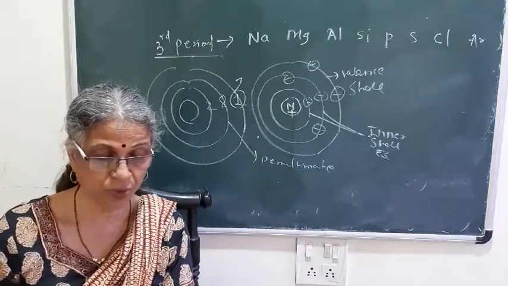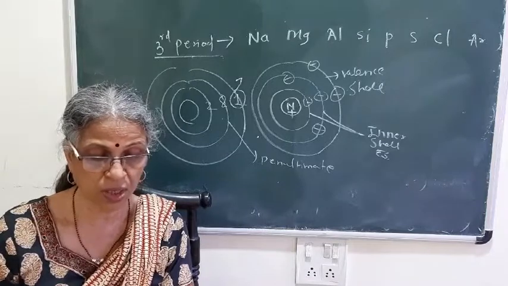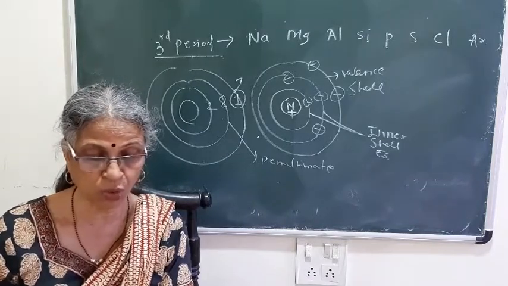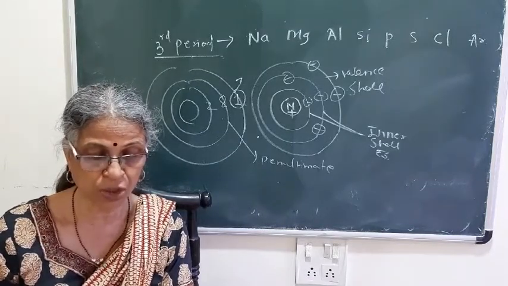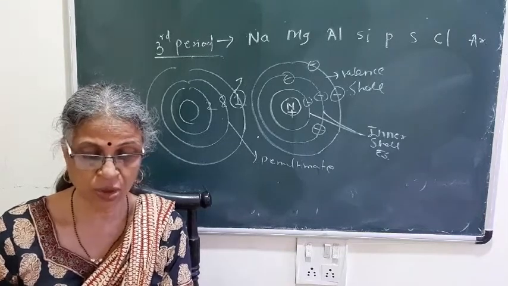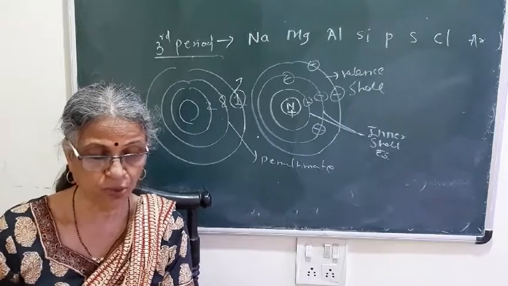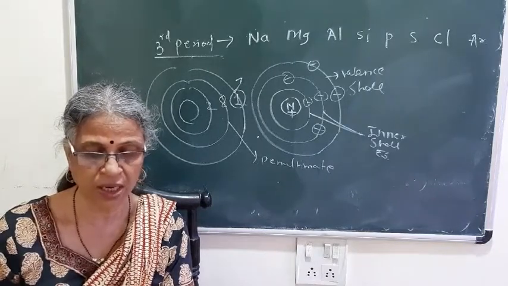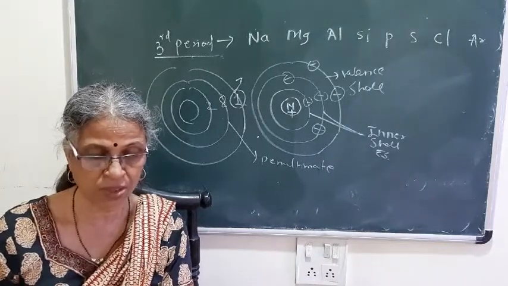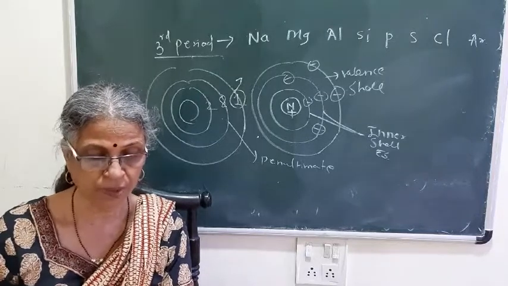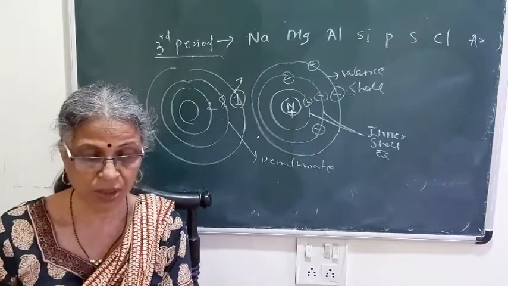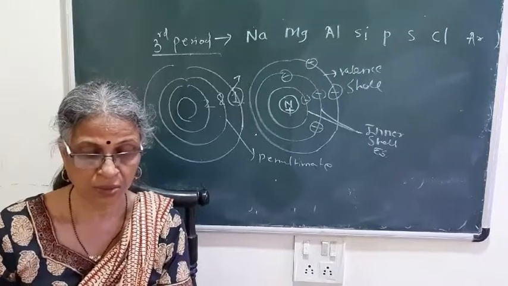Then fifth one, nucleus. For nucleus, B from column 2, concentrated mass and positive charge, and here Rutherford from column 3, fourth one. And sixth, for electron, lightest and negatively charged particle in all atoms, and here Thomson, that is from column number 3. That is how you can match the pairs.